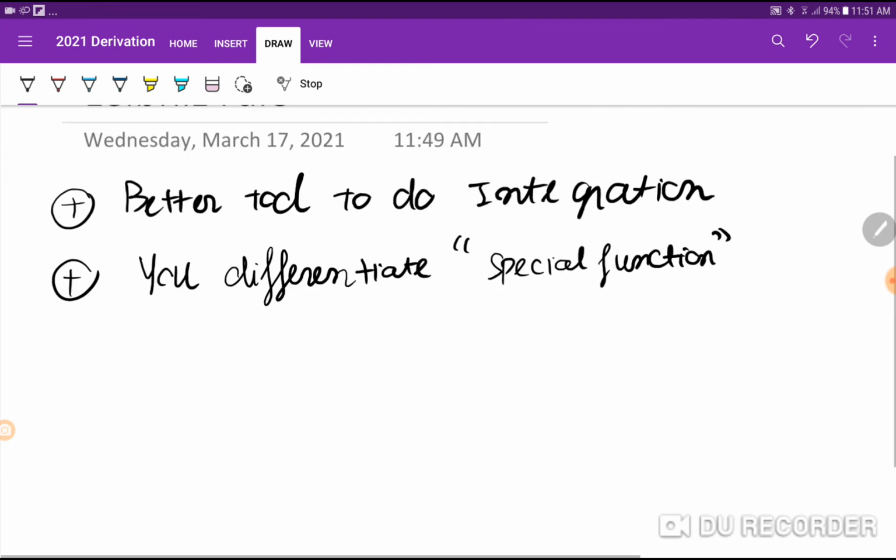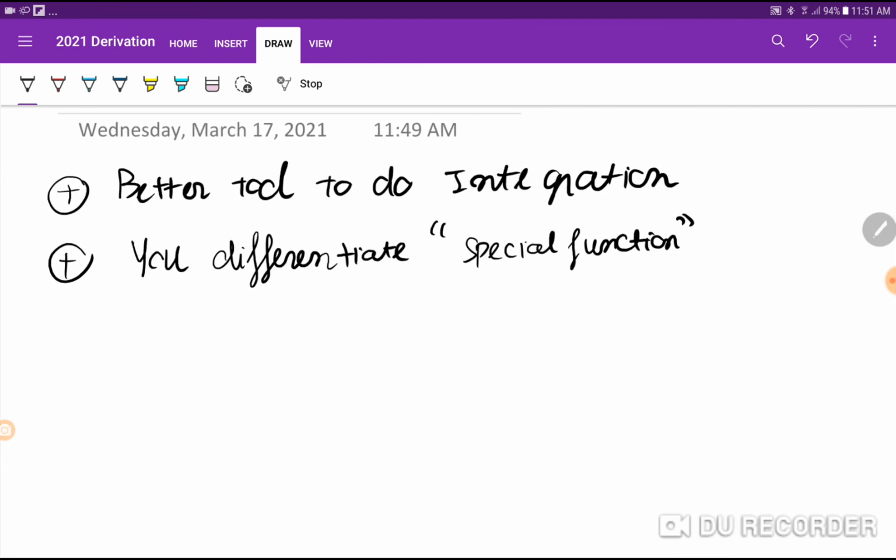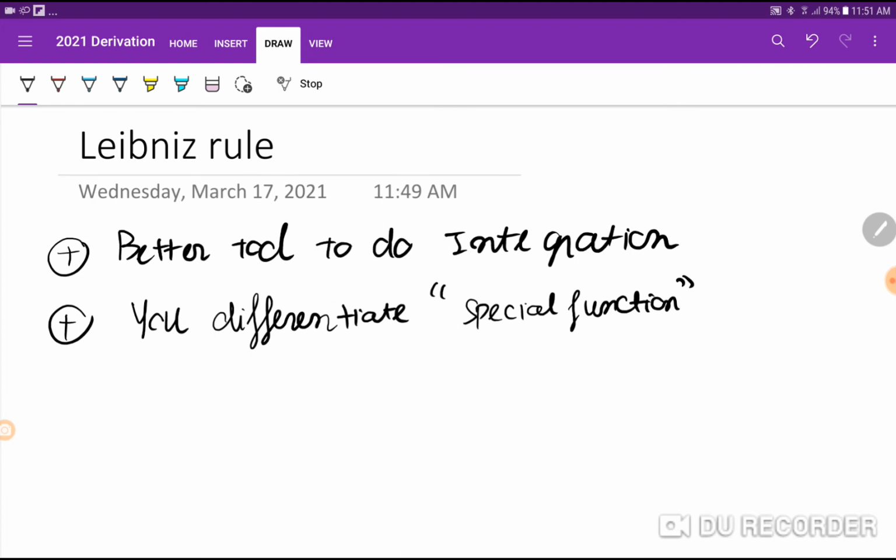So what does it mean? It means that in order to understand Leibniz rule, you need to understand integral and derivative. Okay, now let's go ahead and see what it means, what's the definition, and how to calculate it.